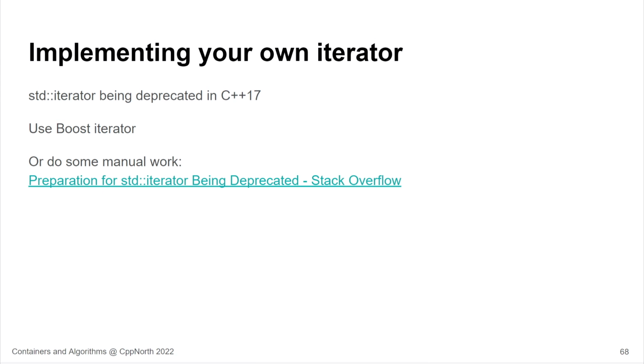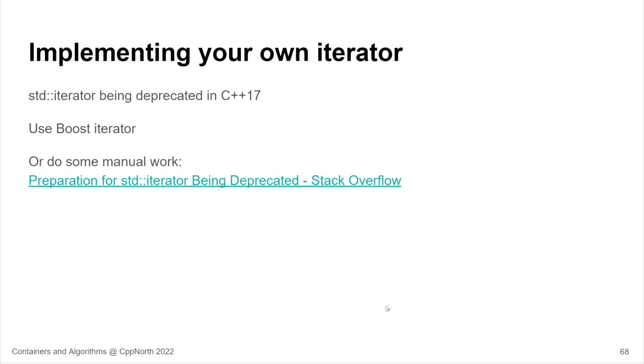And if people would be confused and think that all iterators are derived from std::iterator, it's a wrong notion. So I think this is the reason they decided to drop that. And then the question is, okay, so if I want to implement an iterator, it requires some boilerplate. Yeah, you can take it from Boost Iterator, or you can implement it yourself.